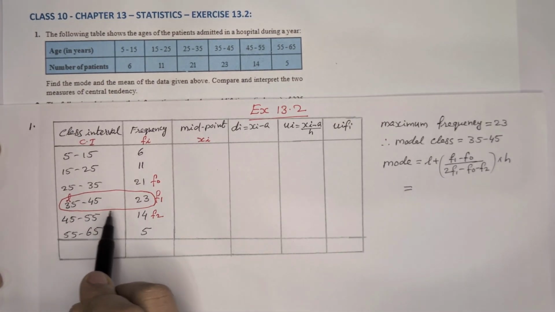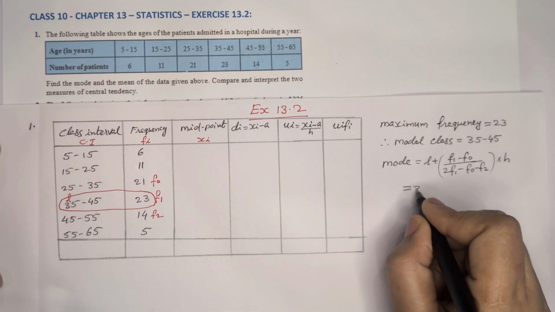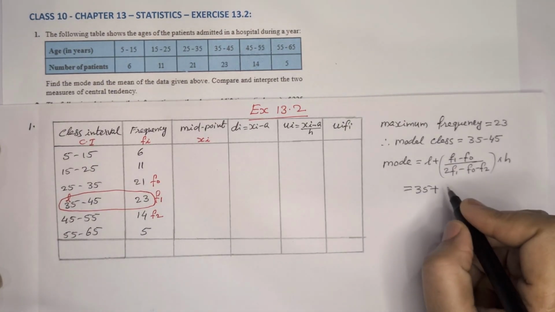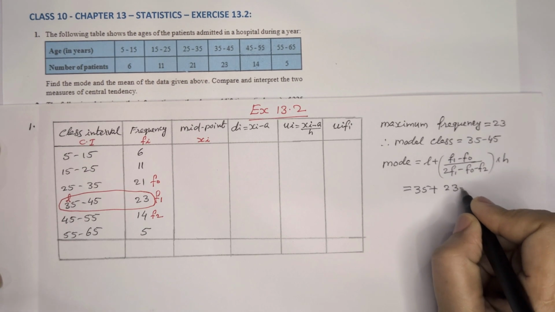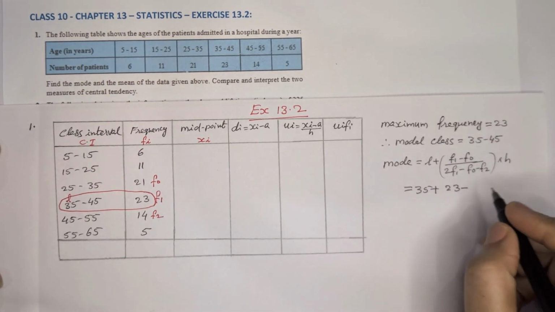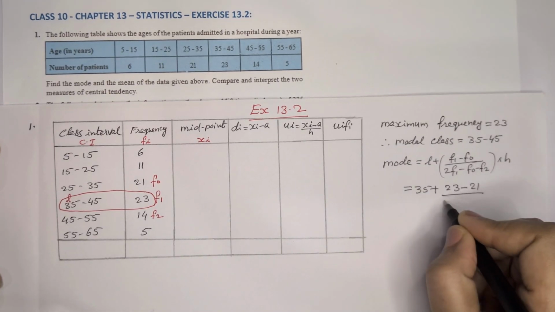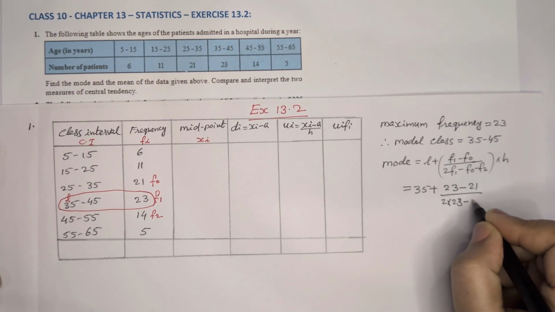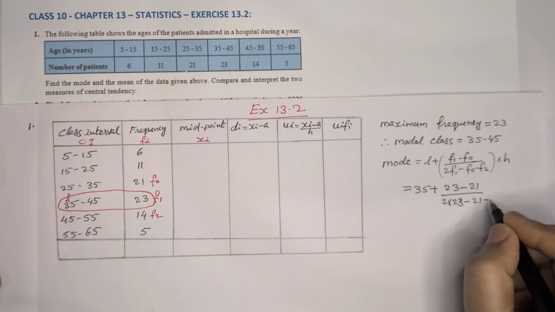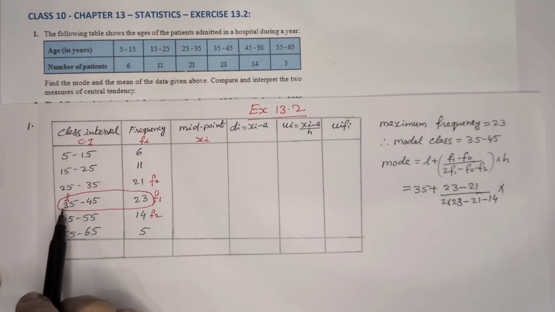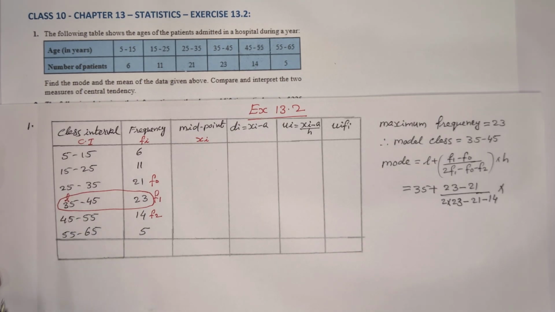L is the lower limit of the modal class, 35, plus f1, the frequency of that modal class, that is 23, minus f0, the frequency just above, 21, by 2 into f1, that is 23, minus f0, 21, again minus f2, that is 14, into h. h is the class size, 45 minus 35, that is 10.